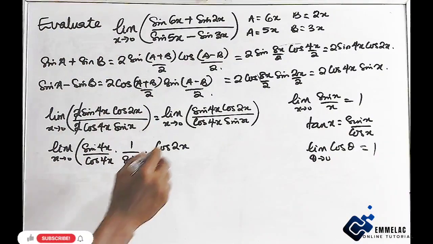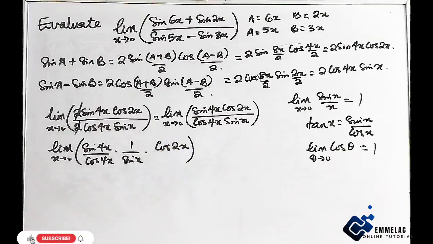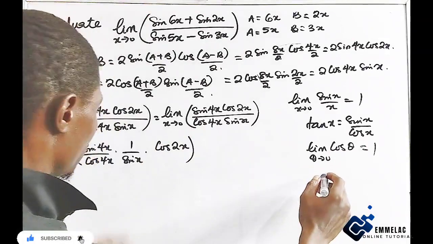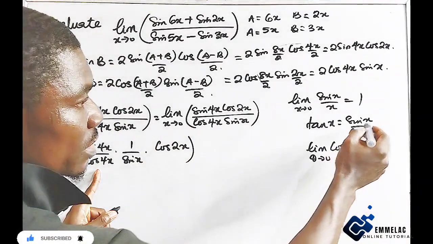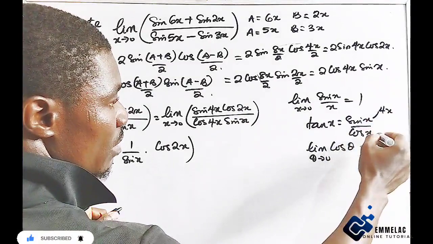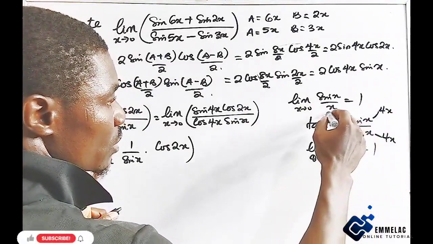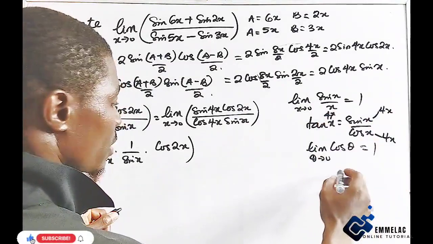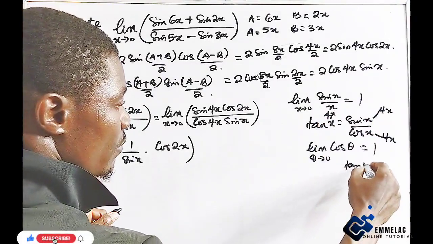Now just trying to see how we can work things out here. If we represent this as 4x, then this one will be 4x, so we can say here you have tan 4x.